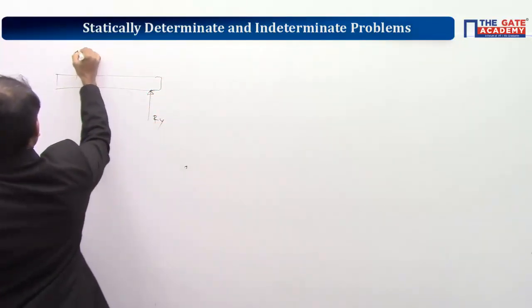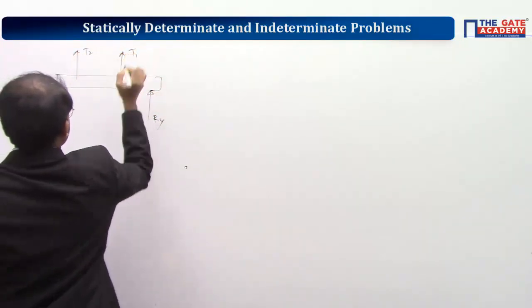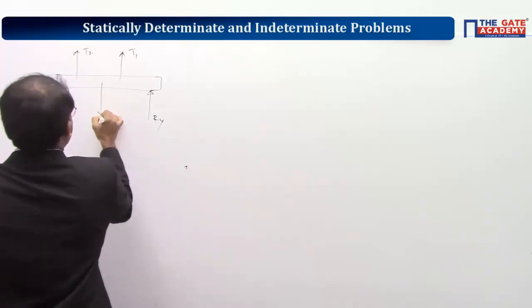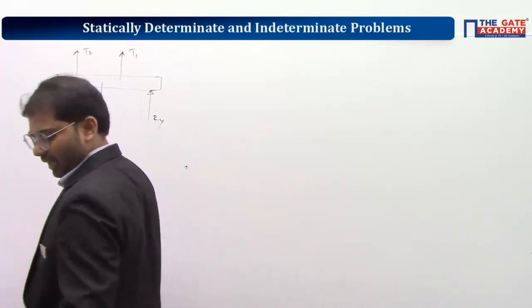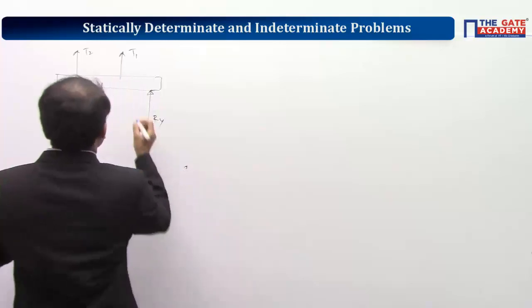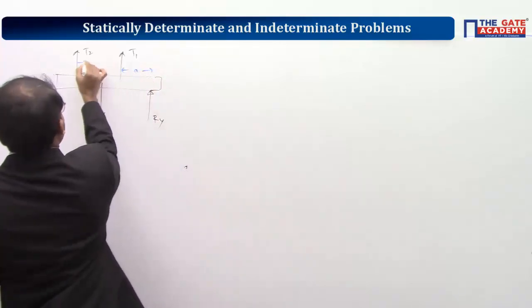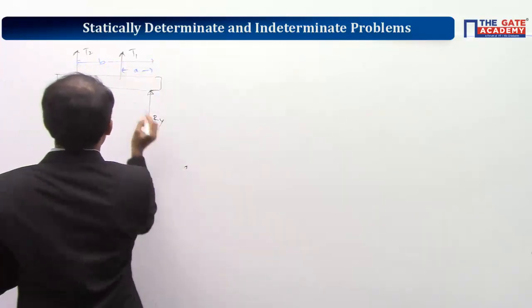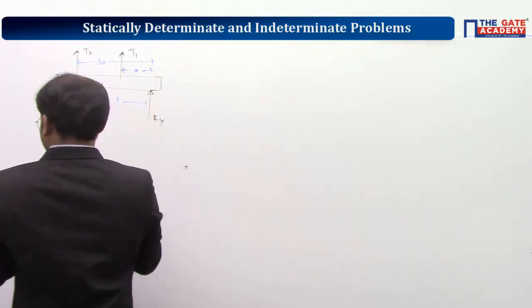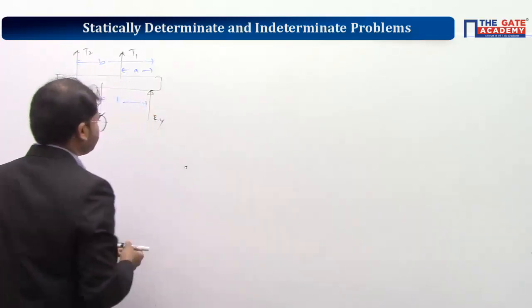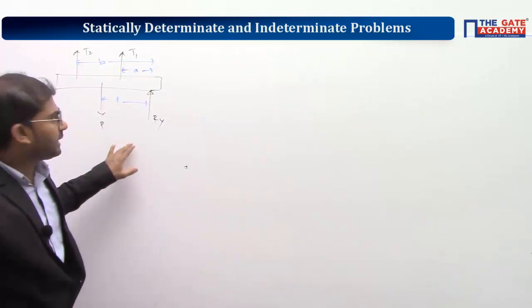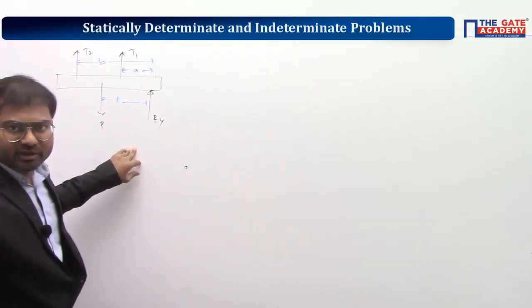Here there is T2, here there is T1, and the applied load is P. This distance is small a, this distance is small b, and this is L. If you apply equilibrium conditions, here it is a statically indeterminate type of numerical.